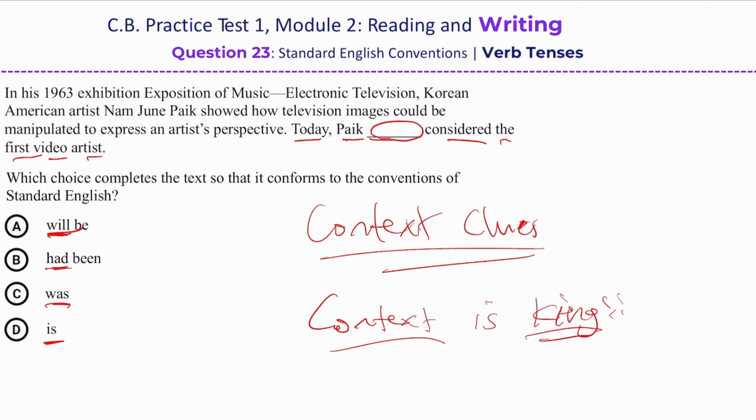Okay, so if I give you guys a basic example of this, and I'll write it in this little corner here where I have some space. If I say, the plane left before I arrived at the airport.